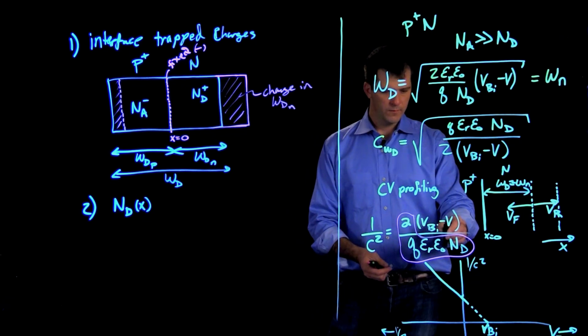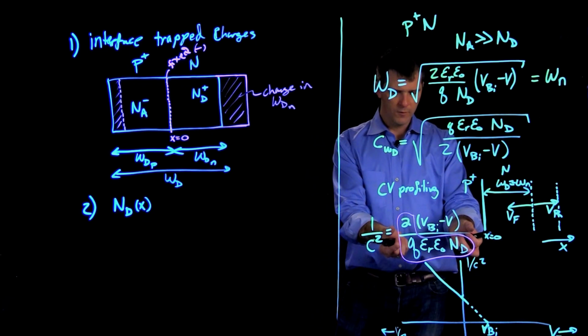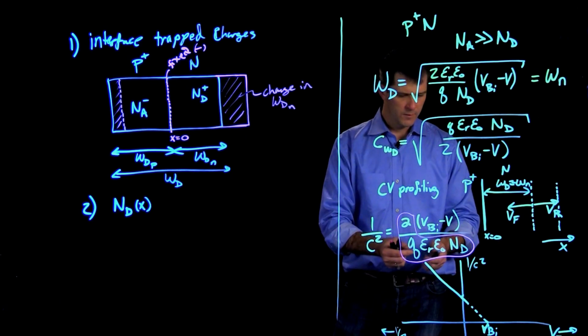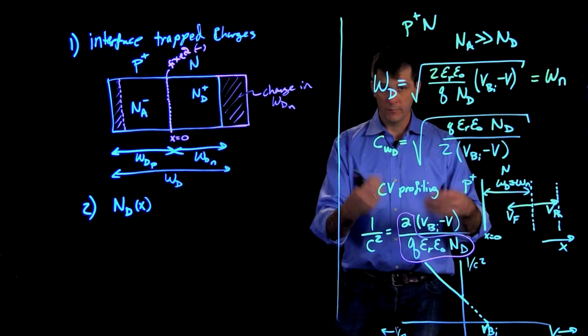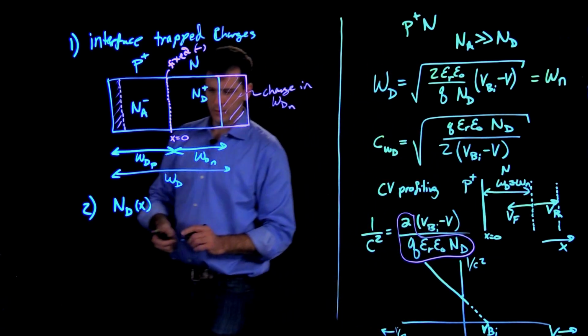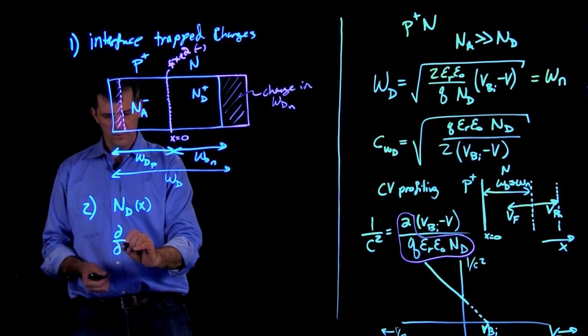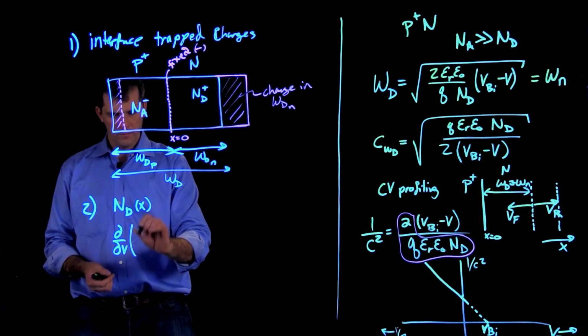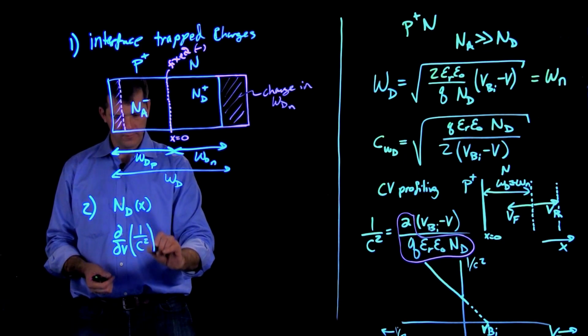Instead of just making a strict linear plot of 1 over C squared versus voltage, what we can do is generalize that slope to be a derivative. So we can take the slope, d/dV of 1 over C squared versus voltage.